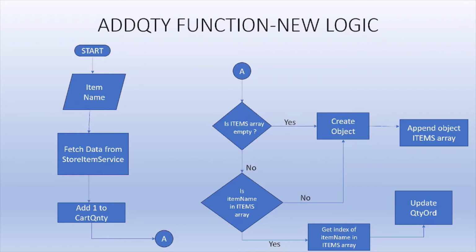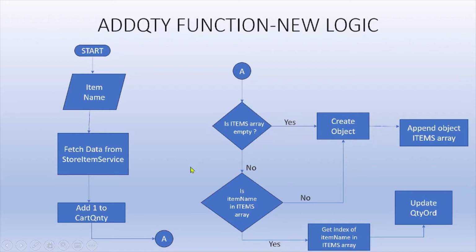And then it can be made available as and when the add quantity function needs it, right? So we'll see how to deal with this issue first, and then we'll proceed to change the logic so as to remove the duplicates in the cart.